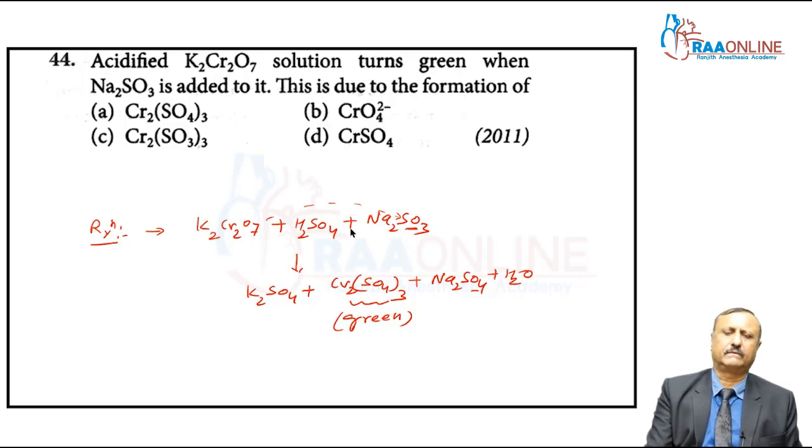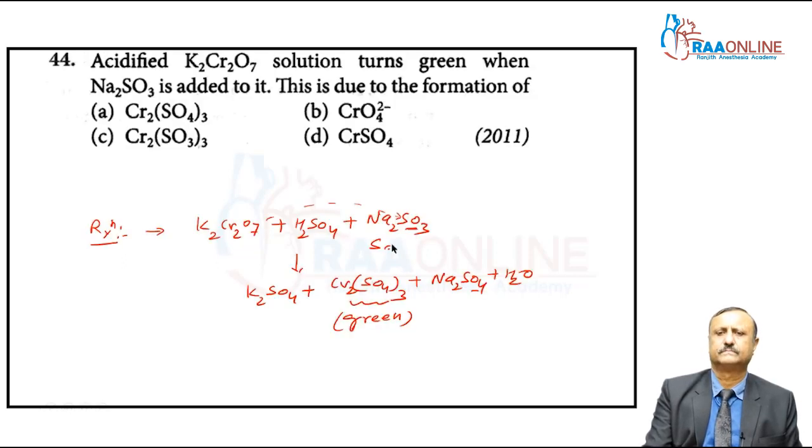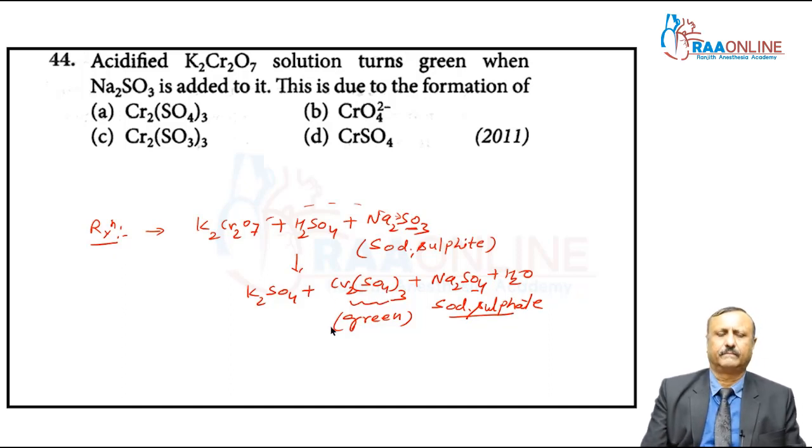So, this potassium dichromate reacts with sodium sulfite. Here this sodium sulfite is converted to sodium sulfate, and the green mass is obtained from chromium sulfate.